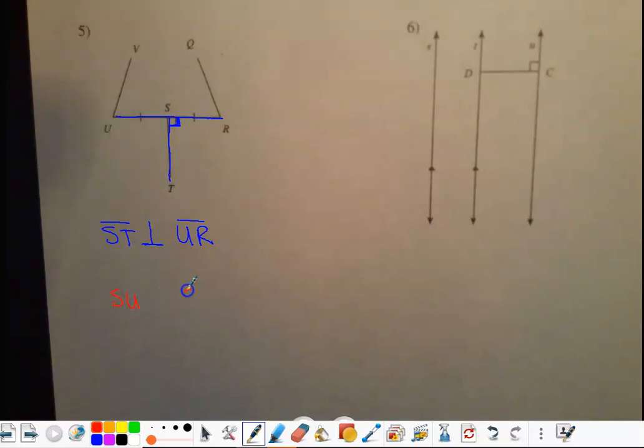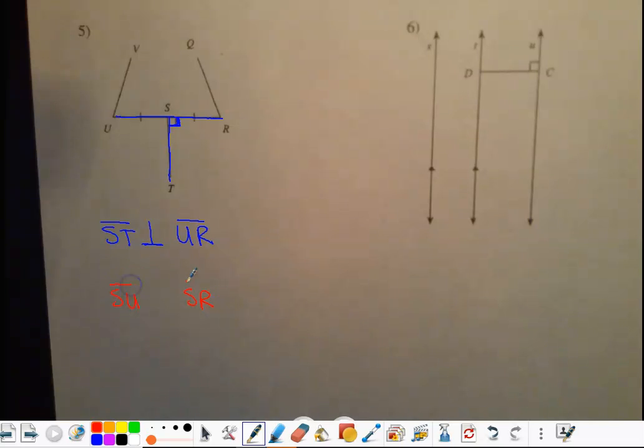SU and SR would be congruent. Okay, are those lines? Okay, hold on, Justice and Caden. Are these lines, SU and SR? Do you see any arrows on that figure? No, they're segments.